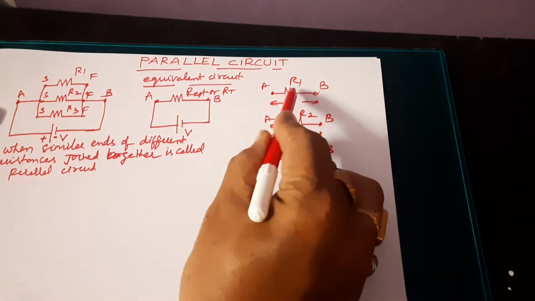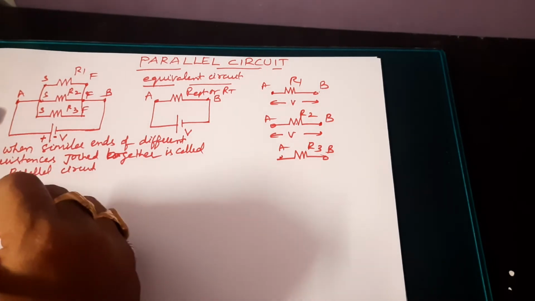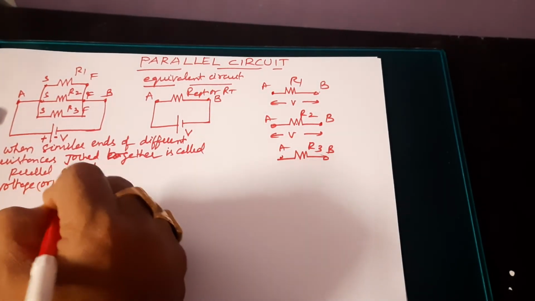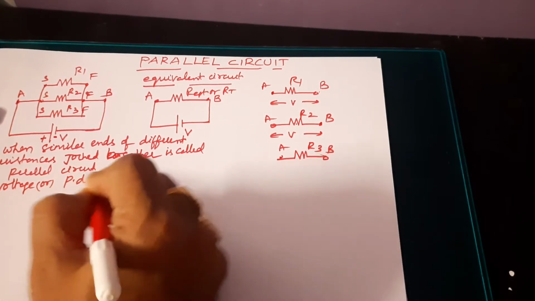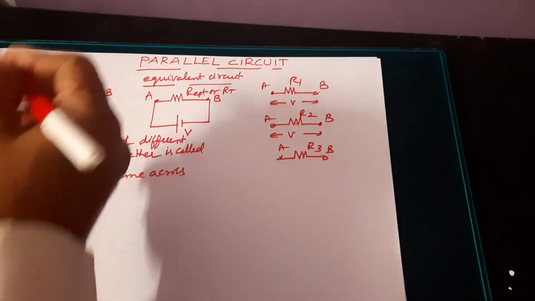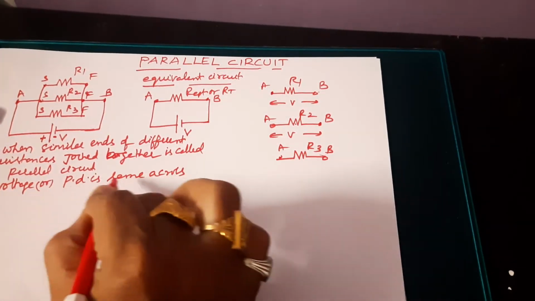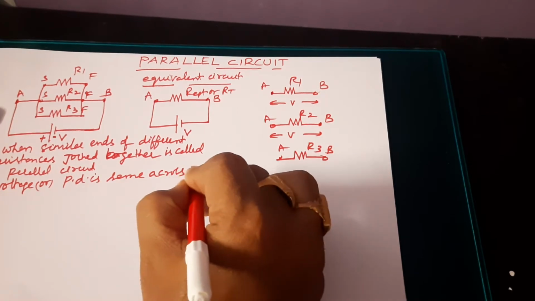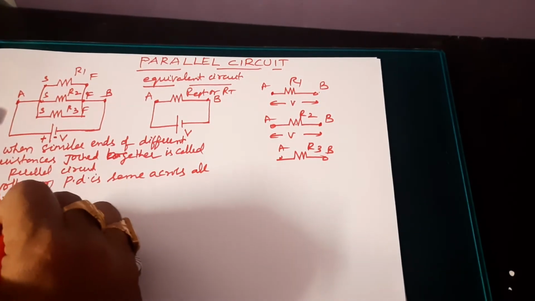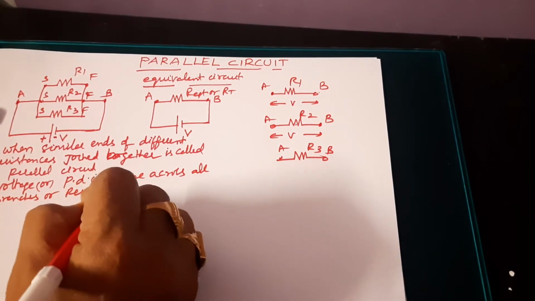That means what we can conclude from these three, that is the second point. Voltage is same. Voltage or potential difference is same across all resistances. Whatever the resistance we have taken, that potential difference is same across all branches or resistances. That is the second point.